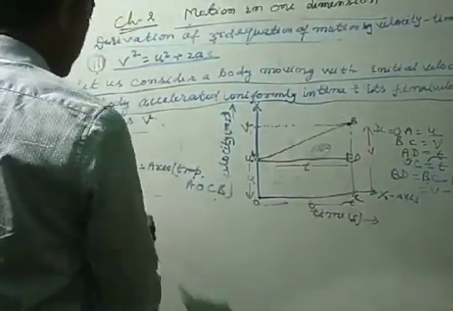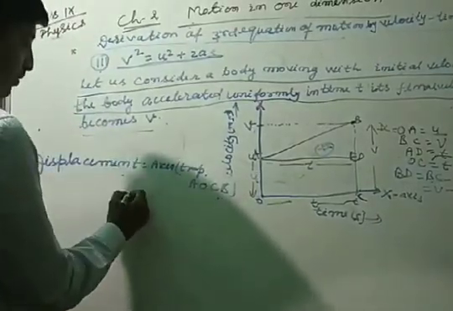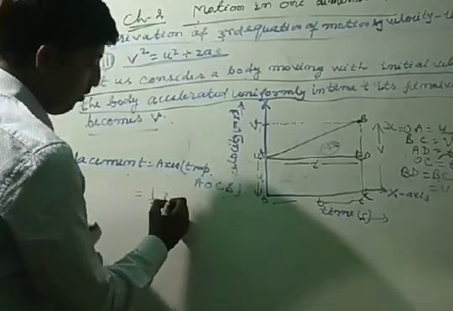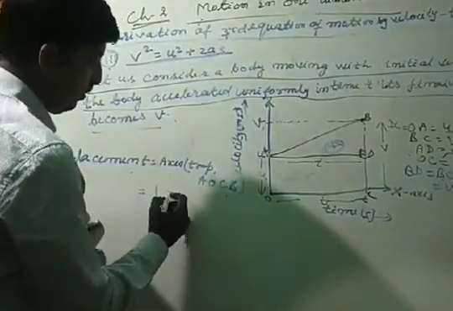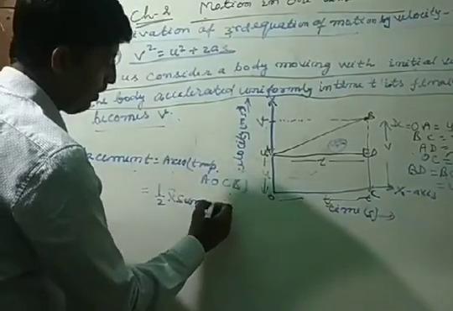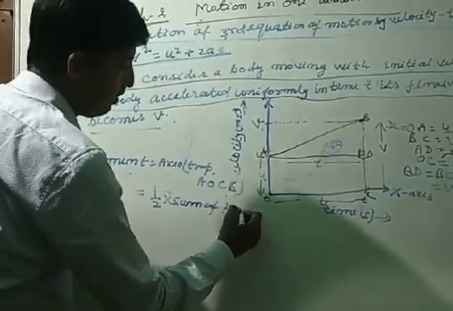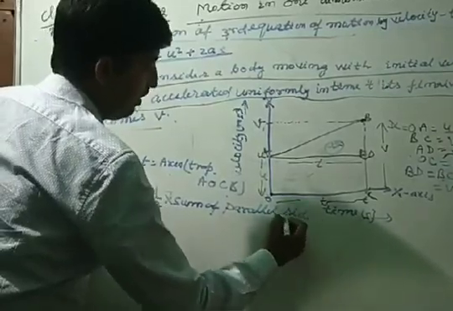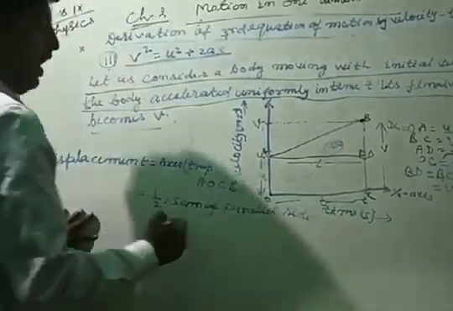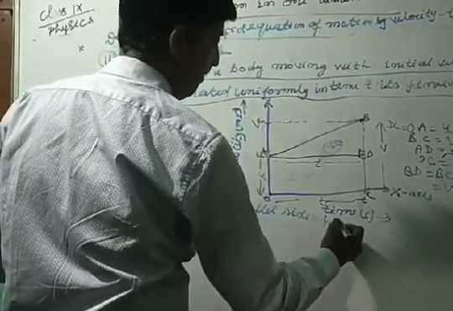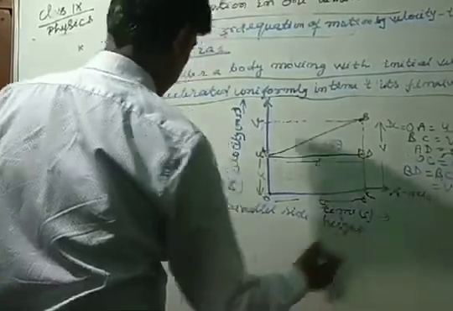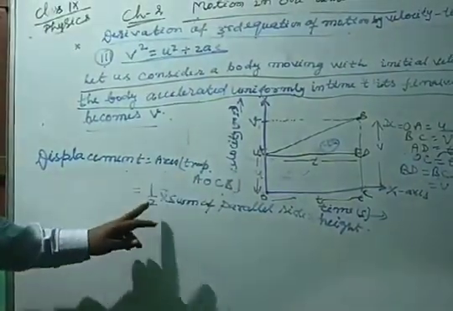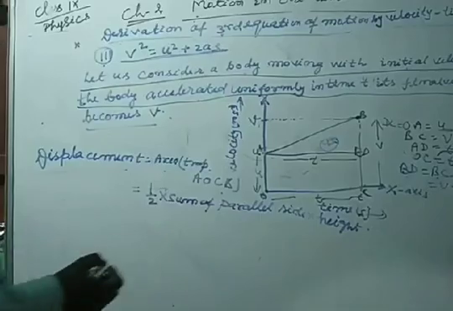AOCB, and we know that the area of a trapezium is equal to 1 by 2 into the sum of parallel sides into height. So the formula of the area of a trapezium is 1 by 2 into the sum of parallel sides and height.